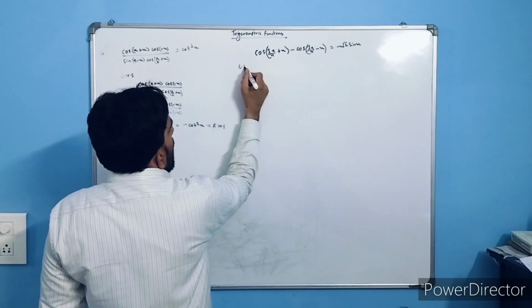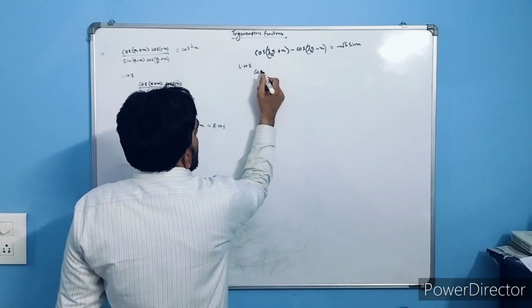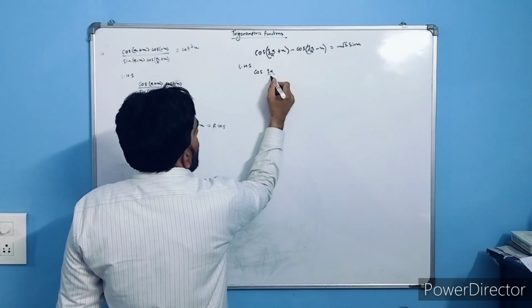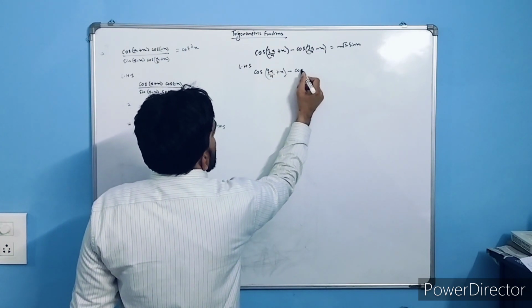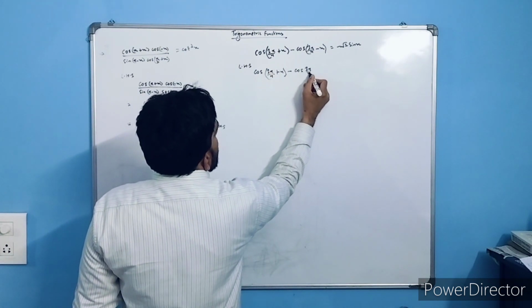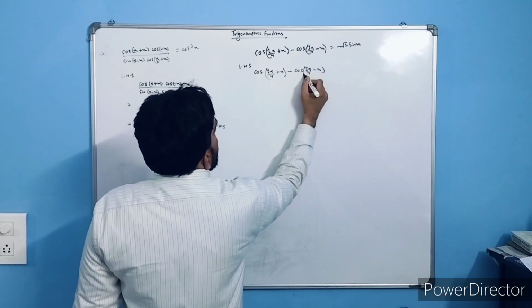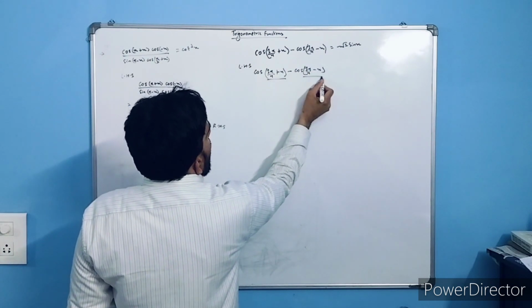Let us solve LHS first, that is cos(3pi/4 + x) minus cos(3pi/4 - x). Okay, so we can see this is x, this is y.